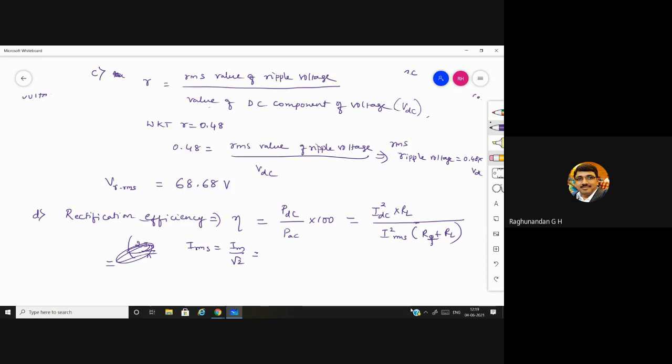In the last part, we obtained the Im value, so the same Im value we are going to substitute here. 53 milliamps, okay. After that, you just substitute in the above equation. IDC we have obtained, IRMS we have obtained, RL you know is 3 kilo ohm, RF you know is 10 ohm. So substitute it and you'll get it.